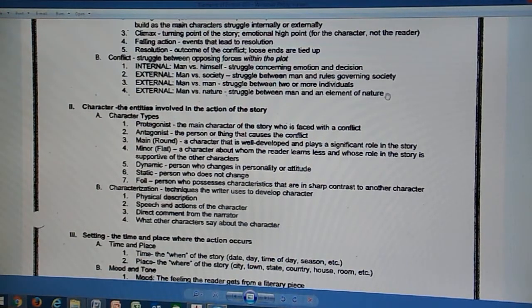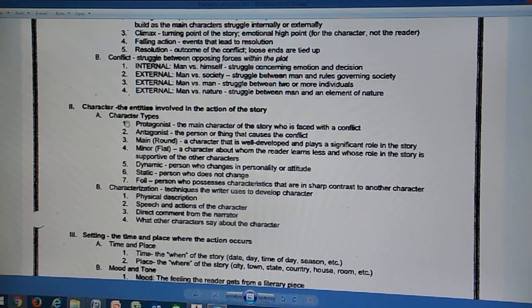He was struggling with the bear, and the bear almost killed him in that short story. So that's an example of man versus nature. It was him against the bear. And of course, my favorite, Hatchet, has all kinds of examples of the main character, Brian, struggling with the elements of nature too. Okay, I know that was really quick, but we have already learned all this stuff, so that was just a quick review.